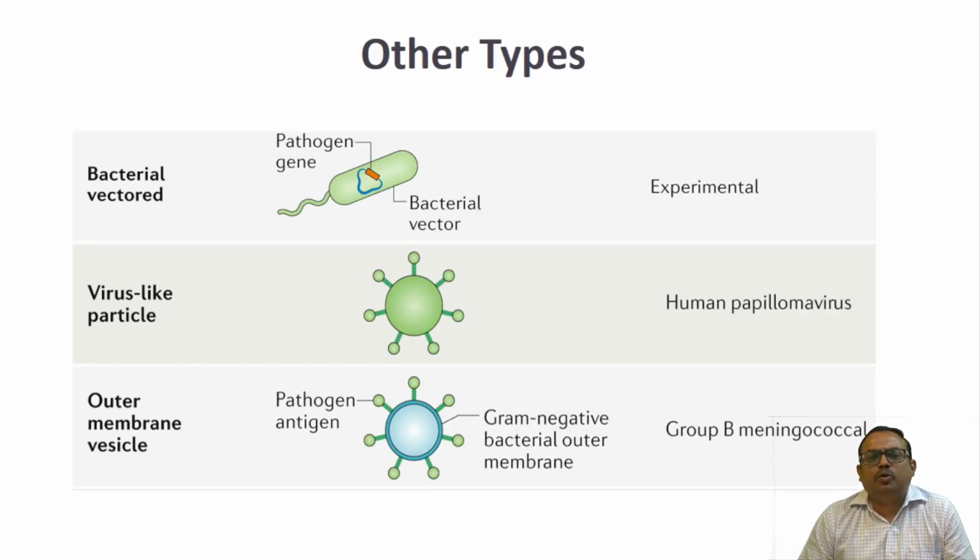Another type is the virus-like particle, which mimics the virus and can be introduced to trigger an immune response, as has been tried for human papilloma virus. Apart from that, outer membrane vesicles, made from gram-negative bacterial outer membrane and coated with the bacterial pathogens, can be used to trigger an immune response in a host, and this is used for group B meningococcal vaccines.